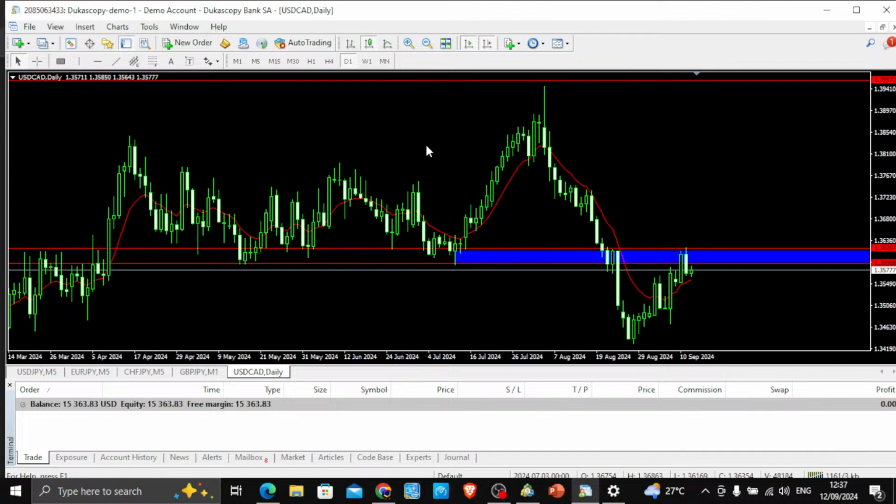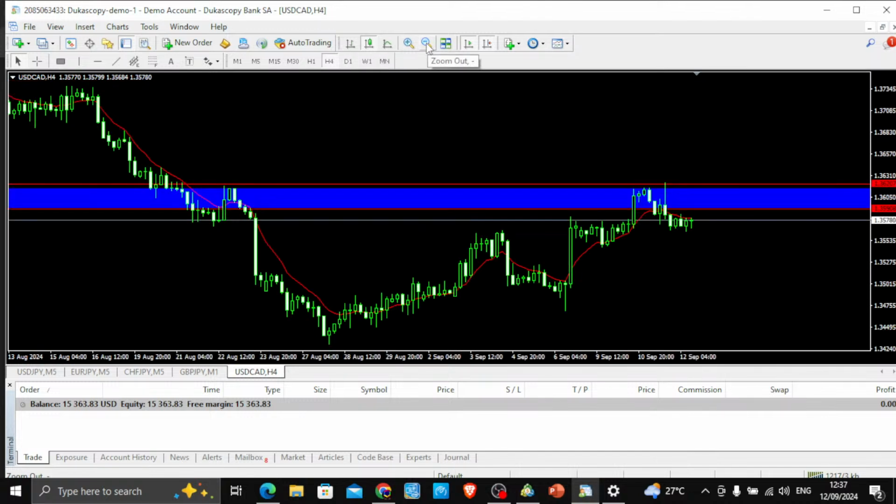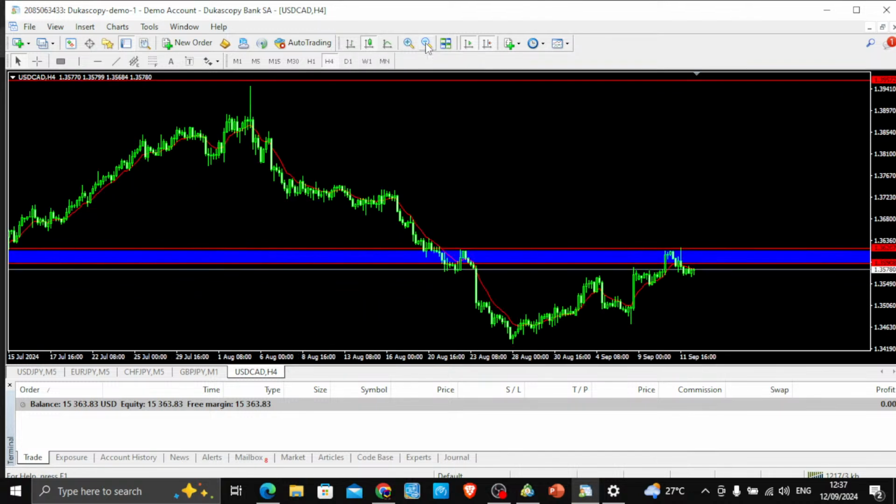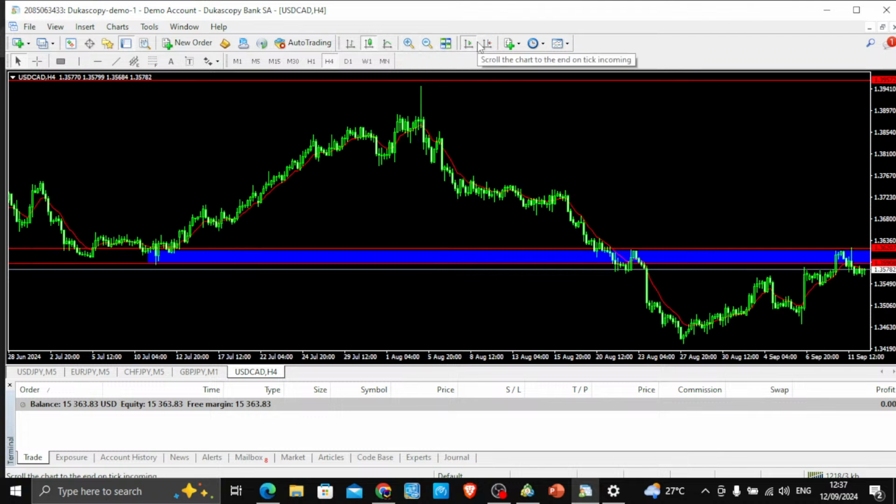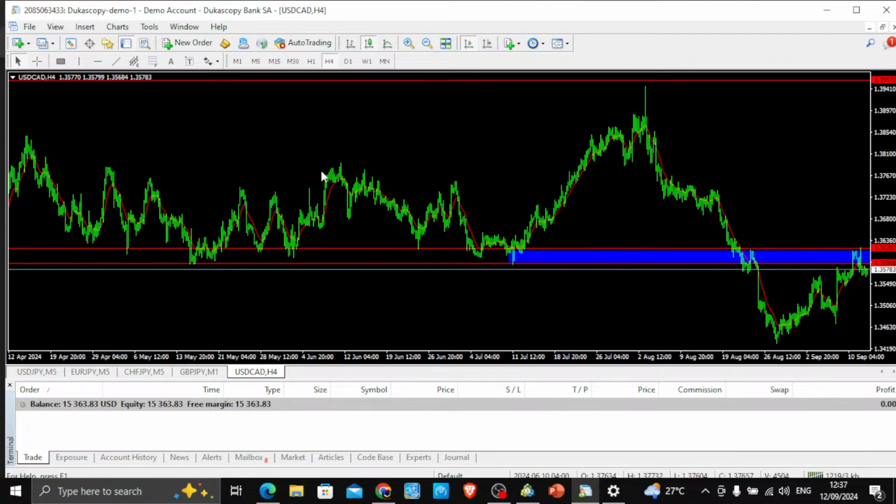So let us go to the 4 hours chart, which will give us more clues. Let's check what the 4 hours is doing. Look at the swings: it moved up, then it broke down.